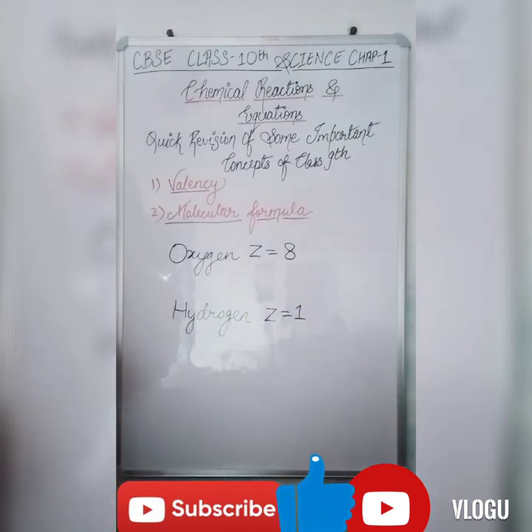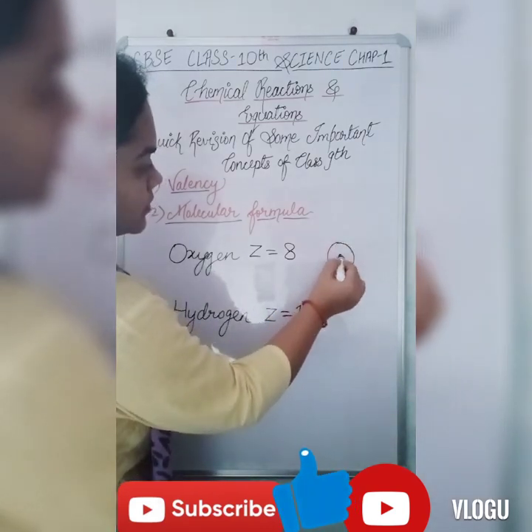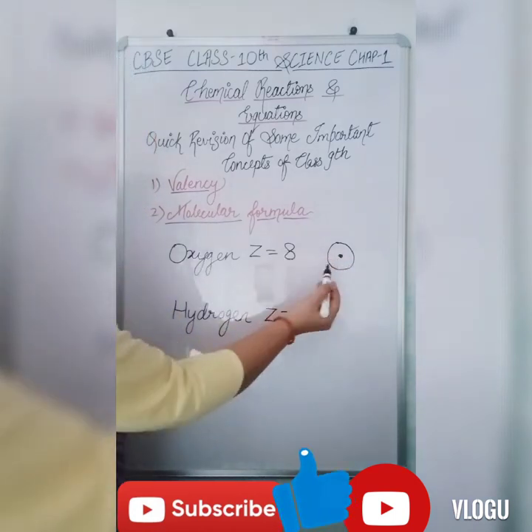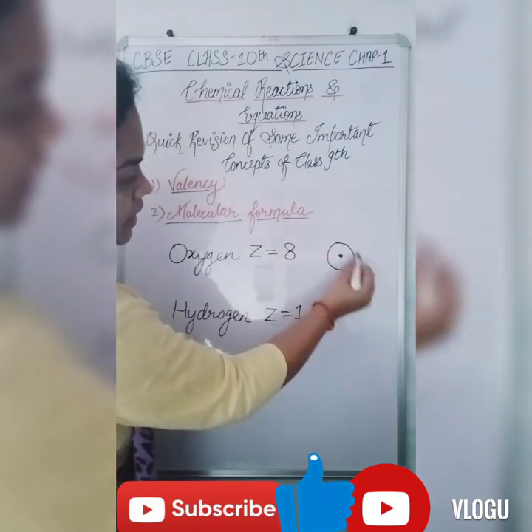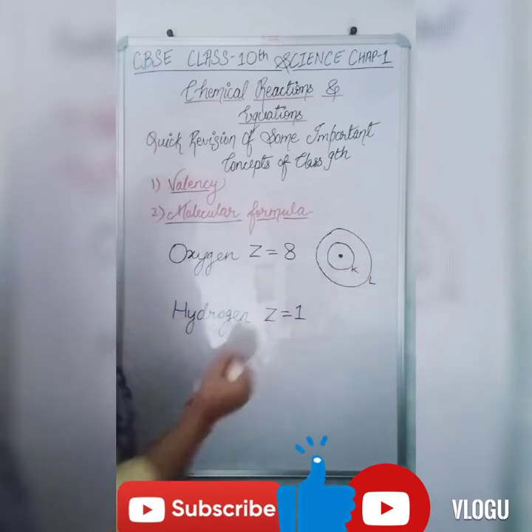Now we will draw the electronic diagram for oxygen and hydrogen. See how? This is nucleus, this is first shell, you name it K. This is the second shell, you name it L.